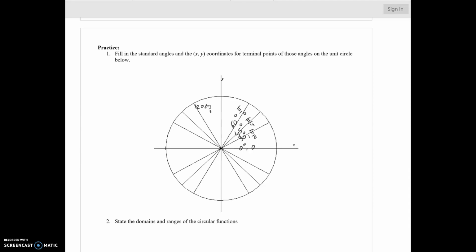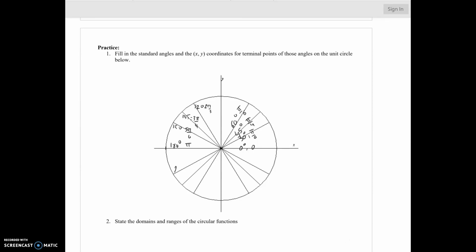Then we have 135, which is 3 pi over 4. We already talked about that in a previous section. Then we have 150 degrees, which is 5 pi over 6. Right there we have 180 degrees, which is pi.